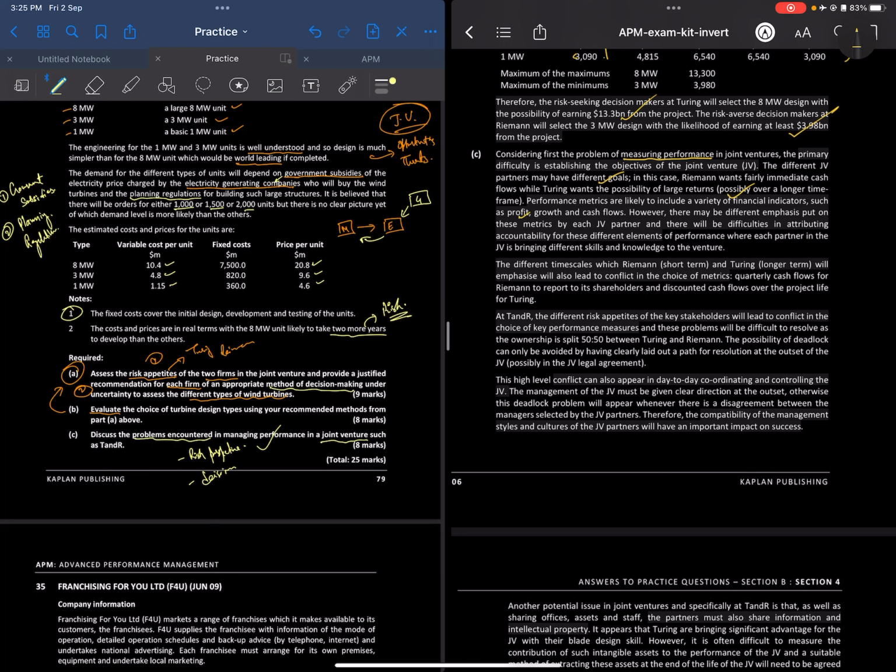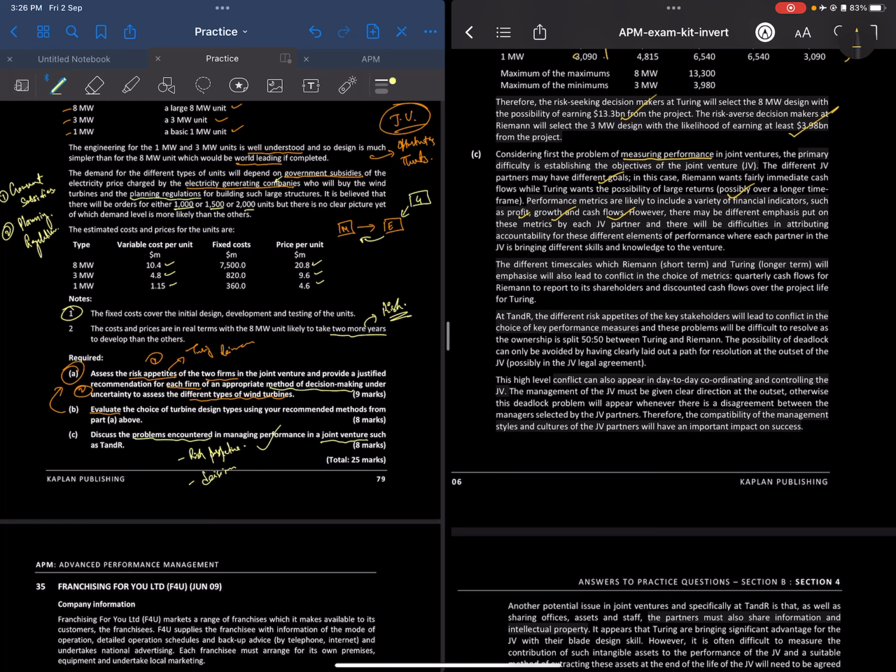It should include a profitability goal for Raymond, and there should be growth. And there should be cash flows in the metrics, because they want short-term cash; they have a liquidity problem. However, there may be different emphasis put on these metrics by each JV partner.